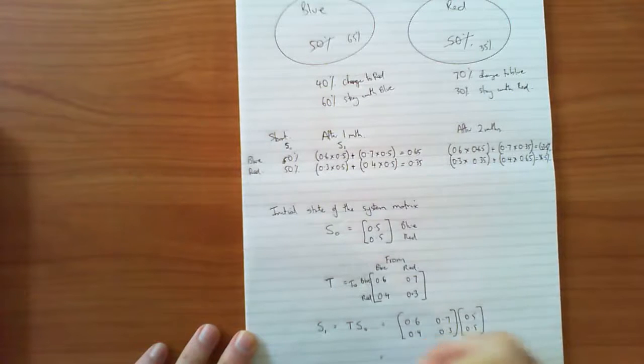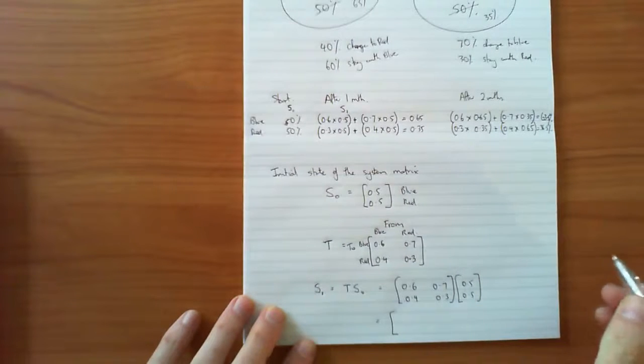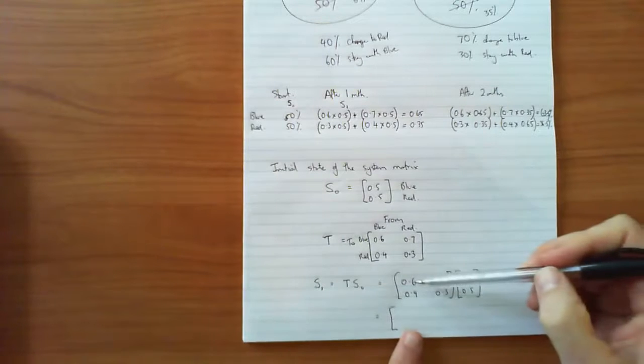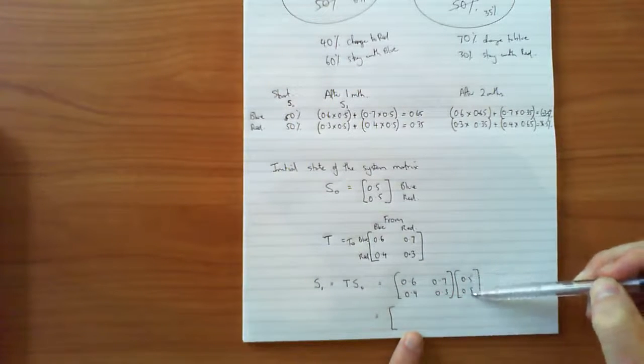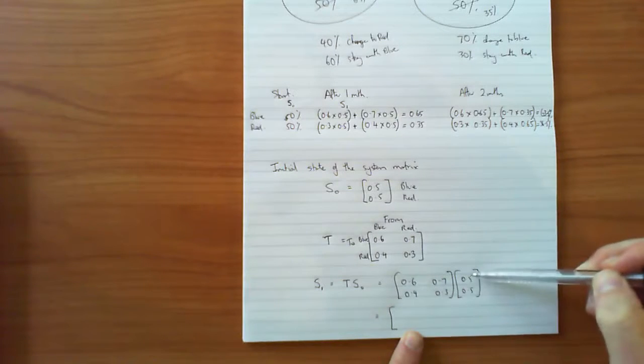Now a little bit of revision here, remembering your matrix multiplication. In order to multiply these matrices, we multiply the top row elements by this column elements. Then we multiply the bottom row by the column.